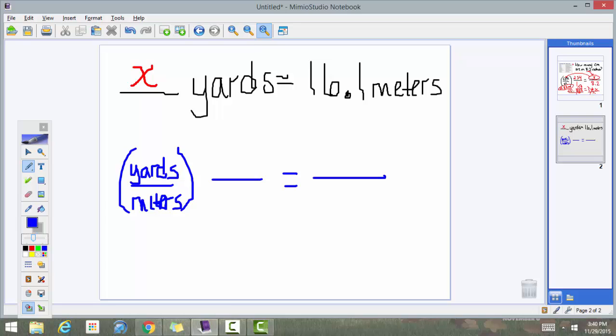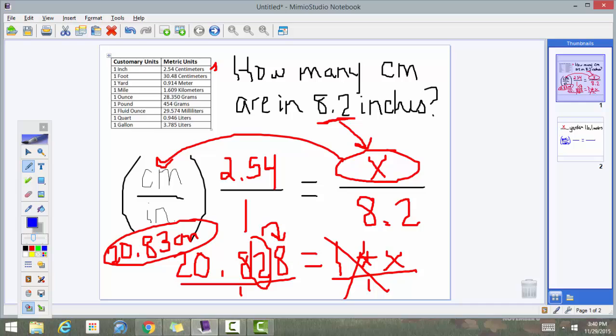The first part of the proportion comes from that conversion, so I'm going to go back one slide to figure out the one math sentence that compares yards to meters. So can you find it? Yards to meters. Here it is. So we're going to have to memorize that. 1 yard is the same as 0.91. Remember, on your key, we always round to the nearest hundredth.